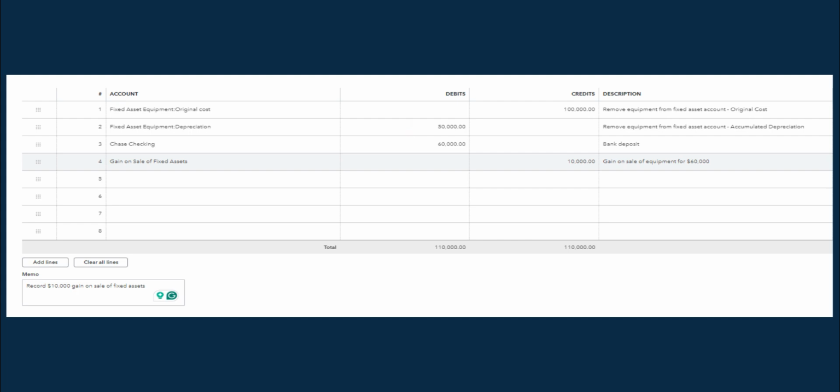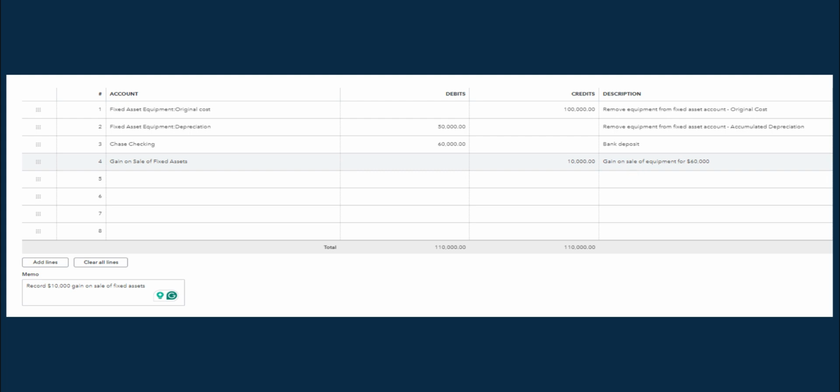In this case, $50,000, right? So $50,000 comes out of cumulative depreciation, and then you have the bank deposit into your checking account, and the difference is $10,000. That's your gain.